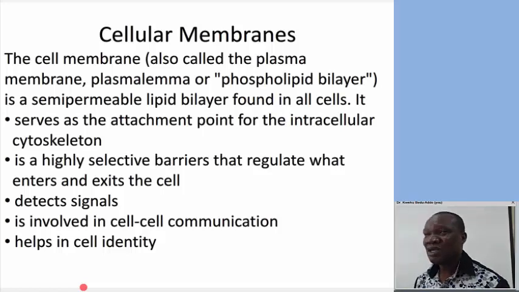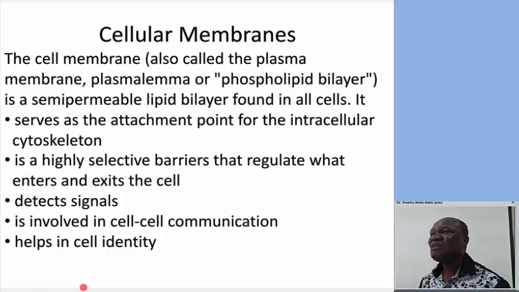Animal cells do not have cell walls, so they are delimited by a cell membrane. Now, the organelles in the cells also have membranes. These membranes are similarly structured, even though there are some variations in the components.